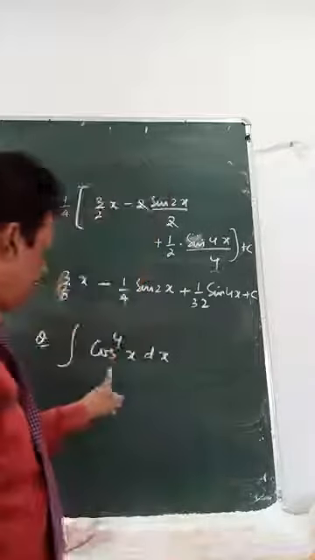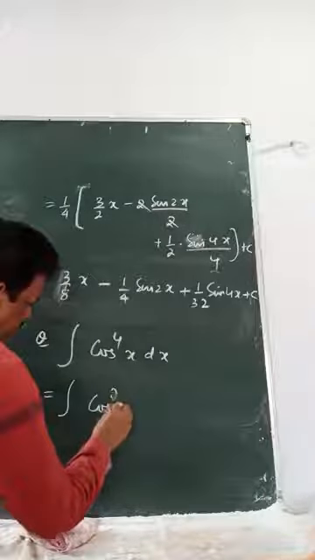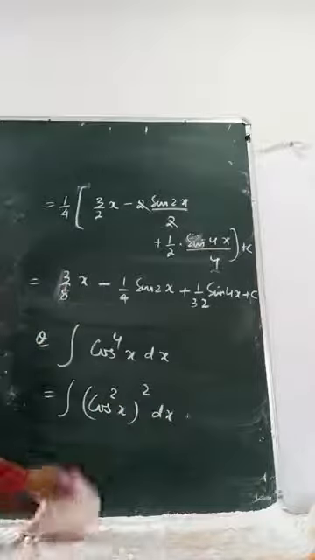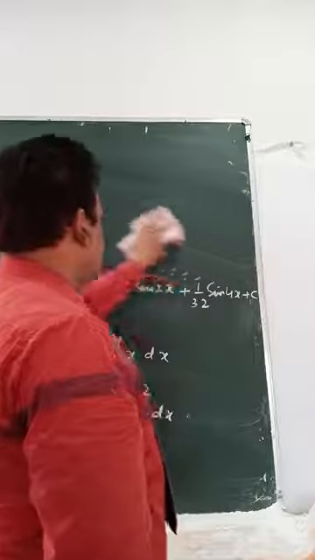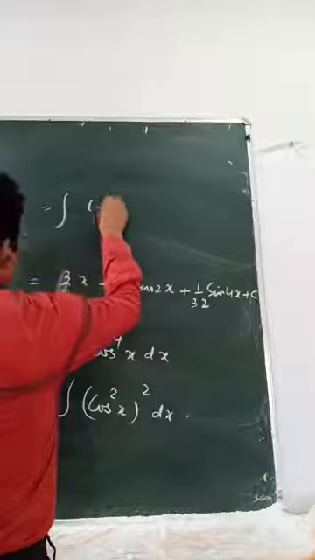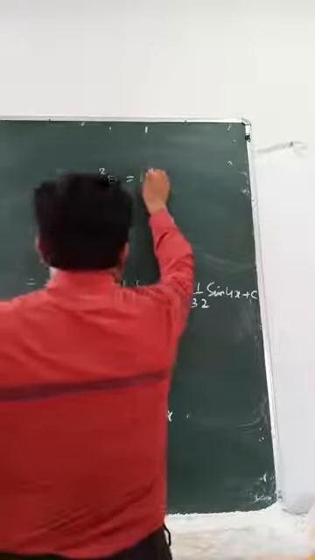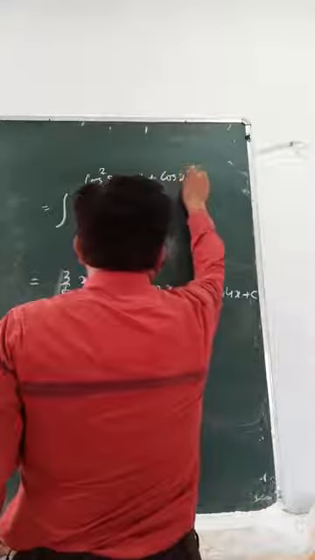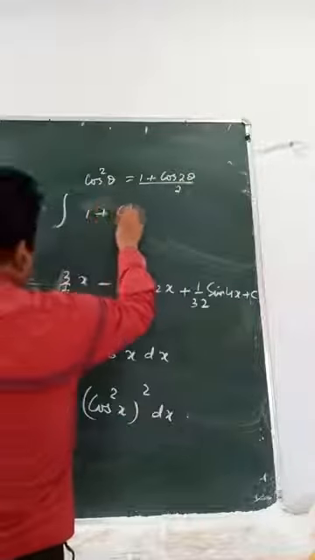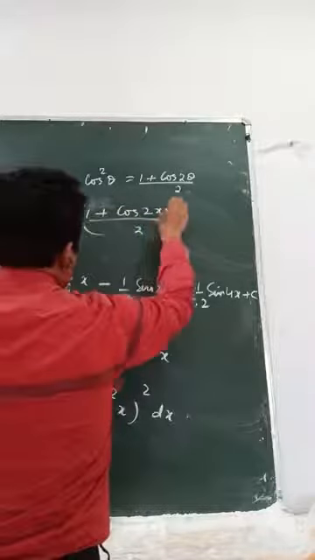How to solve it? So I can write same method, cos square x whole square dx. That will be cos square theta, you remember, is 1 plus cos 2 theta by 2. So 1 plus cos 2x by 2 whole square.